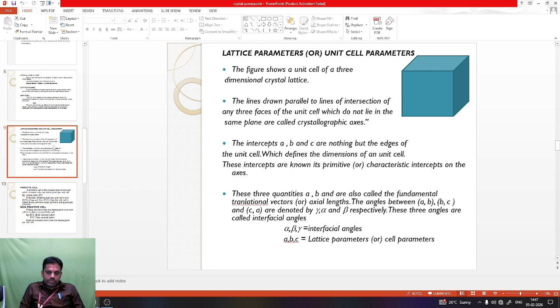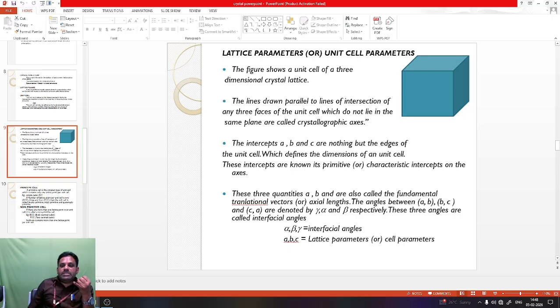And the next one is, how can we represent the crystal by its dimensions, length, and how its shape is. This is decided by 2 important parameters. What are they?